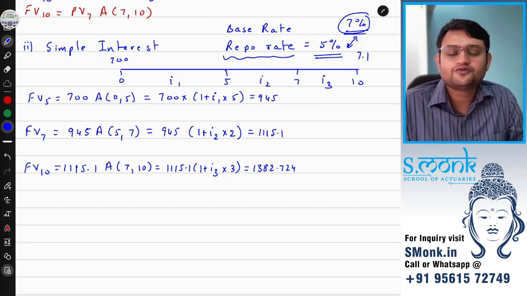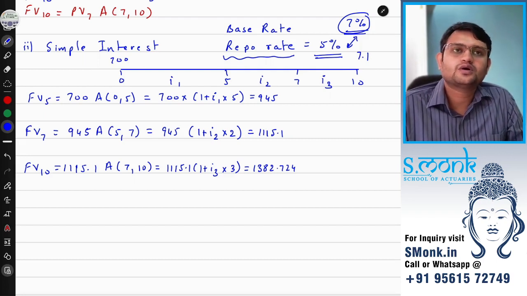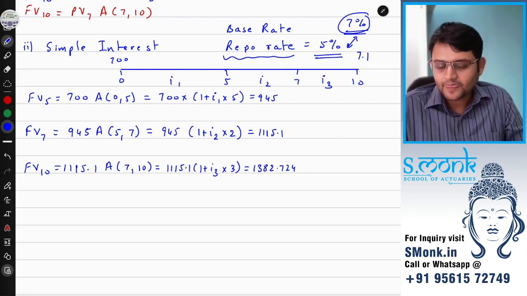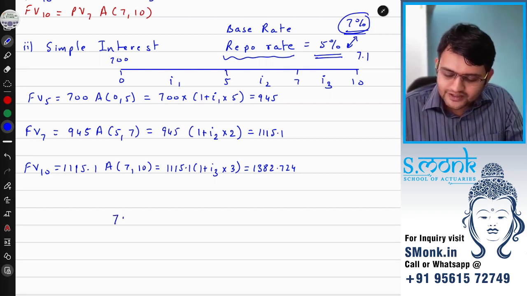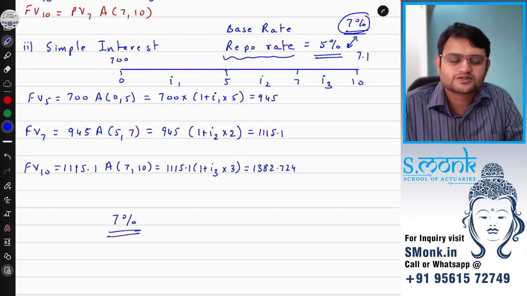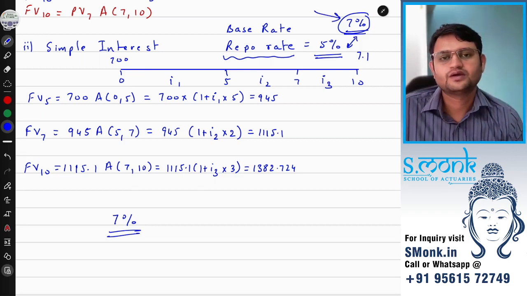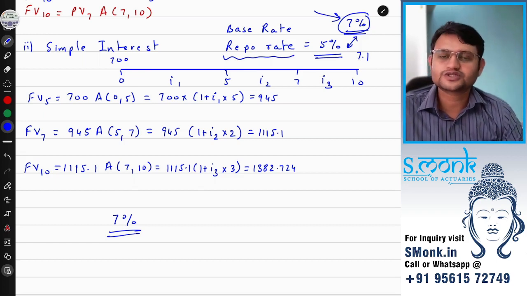Then comes mutual funds. Fixed deposit is much less risky than mutual funds. So if a mutual fund is offering you 7% returns, you will say, why would I invest in that mutual fund? Why don't I just put it in FD? The chance of me losing money in FD is almost negligible.